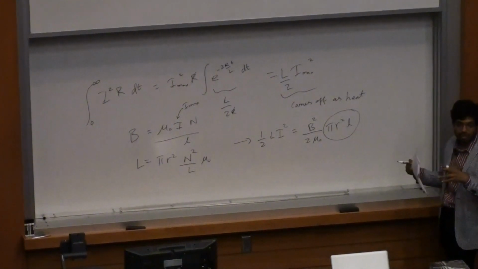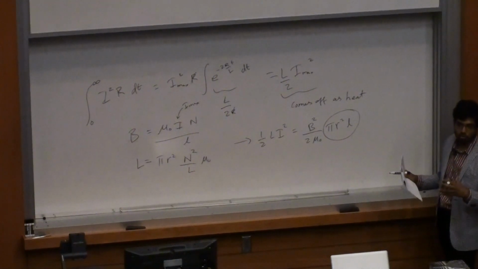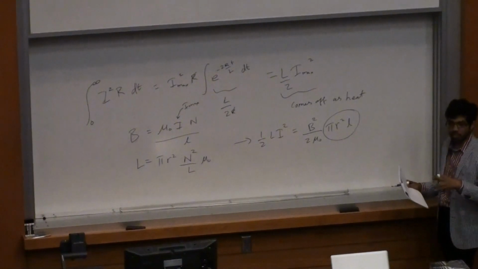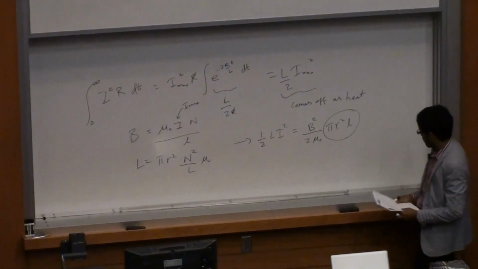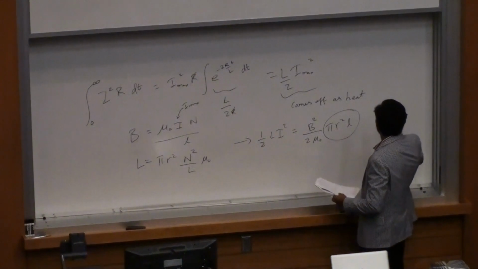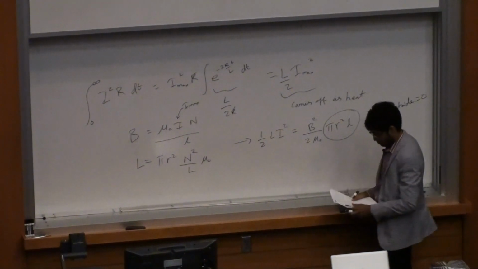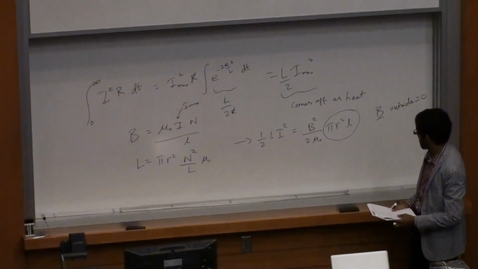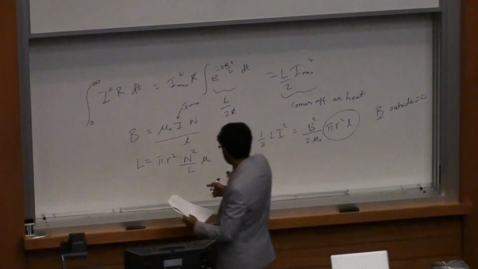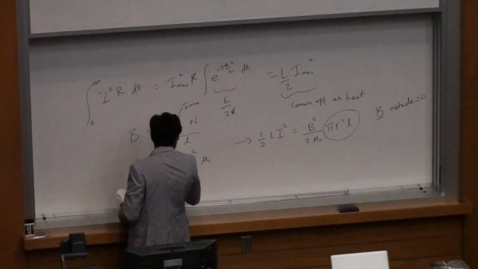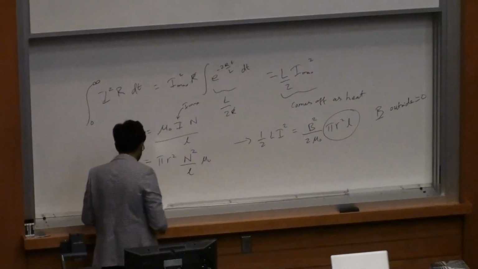So volume where the magnetic field exists, or volume where I'm saying the magnetic field exists. Because we're assuming the magnetic field outside is 0. This L is supposed to be also little l. Sorry. Thank you.